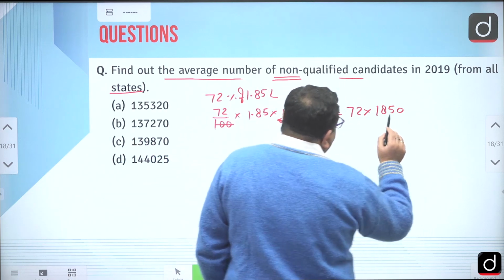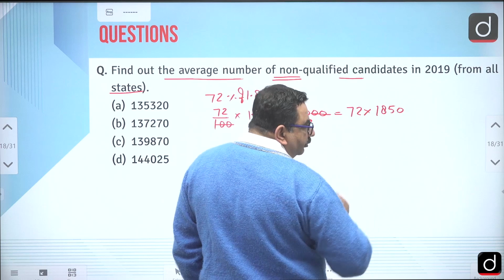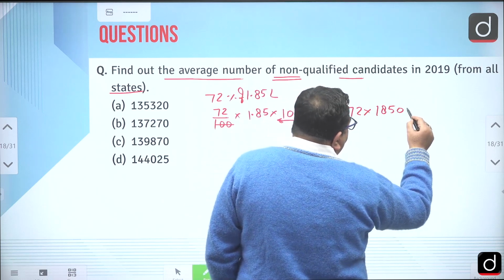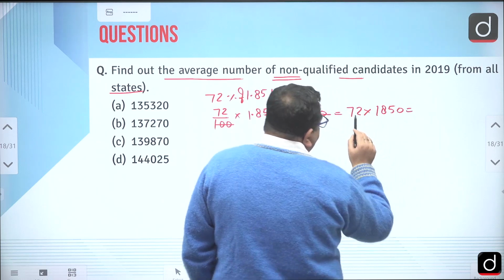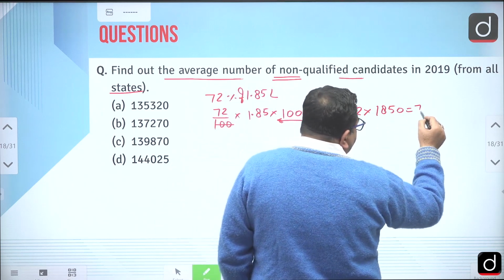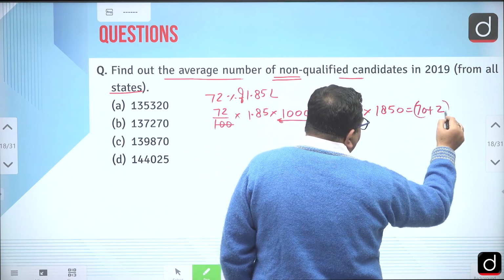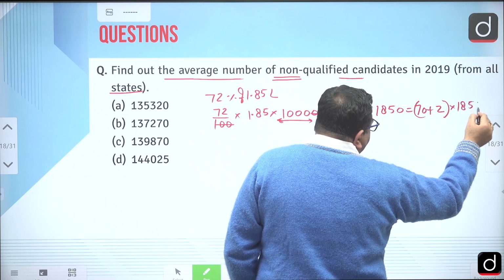So how to calculate this number? Either we can calculate 185 into 72, or I can write 72 as 70 plus 2, into 1850.